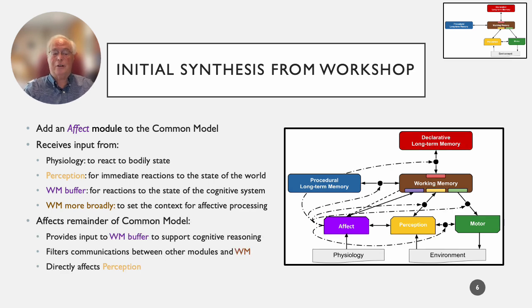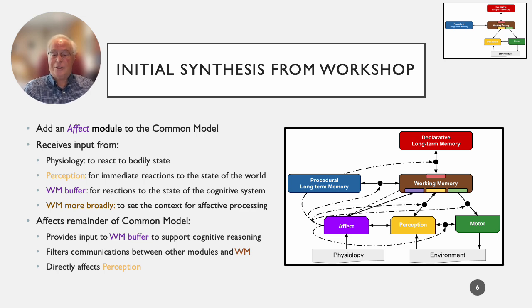In turn, this module affects the remainder of the common model. It provides input back to the working memory buffer to support cognitive reasoning. It filters communications between other modules and working memory. You can see that diagrammatically here by the dot-dash arrows coming from the affect module, going back to the circles in the middle of the traditional arrows from the common model.